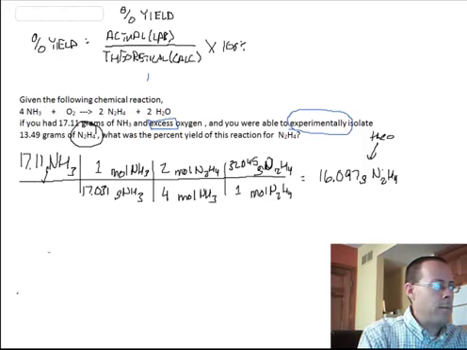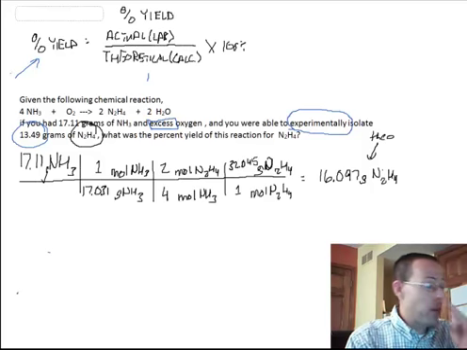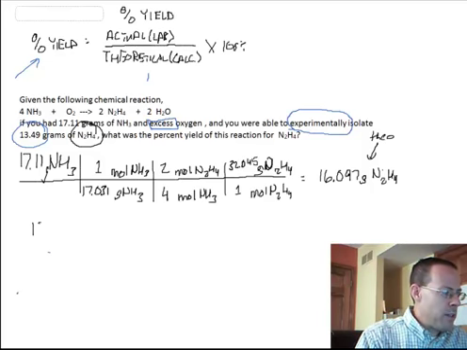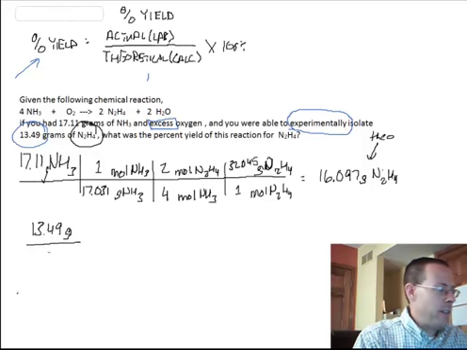And we want to compare that to what we experimentally got in our lab, which was the 13.49 grams. So now we're going to use the equation that's written right up here. Percent yield equals actual divided by theoretical, and then we're going to multiply that by 100 to get a percentage. Our actual is what I will always give you, because it's a word problem, so you can't really do this in lab, although you will do a lab where you're going to calculate this.